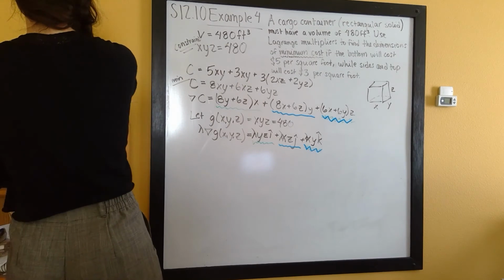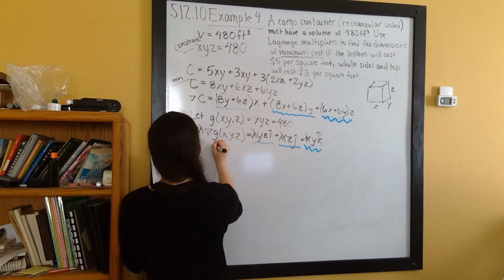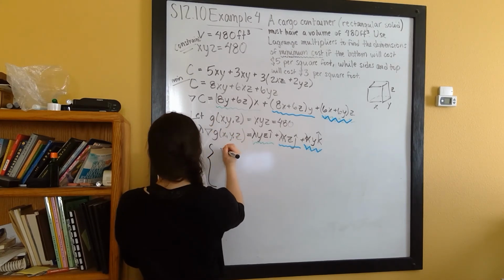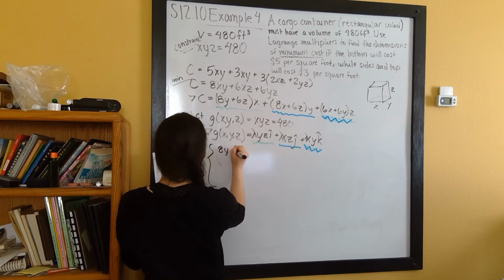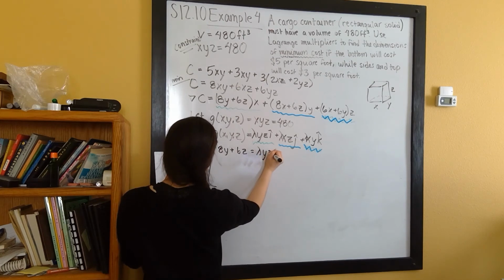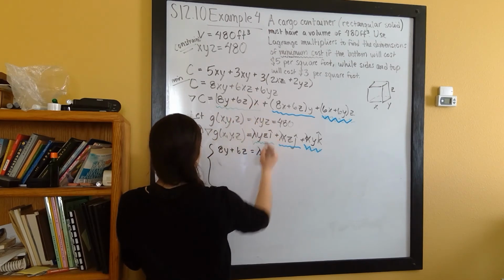So we're going to set up our system of equations, which is going to look like: 8y plus 6z equals lambda yz. So just taking that, setting it equal to that.